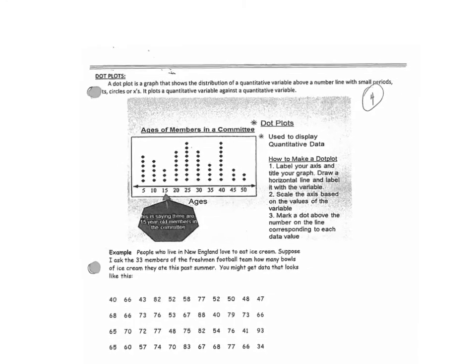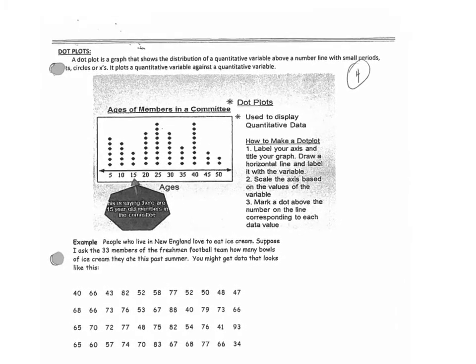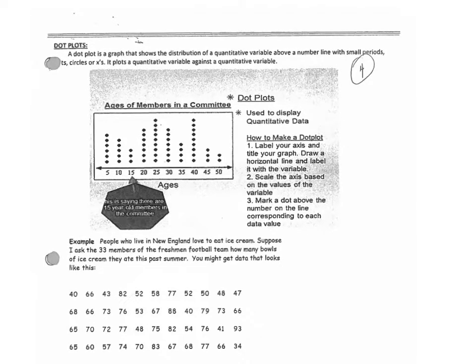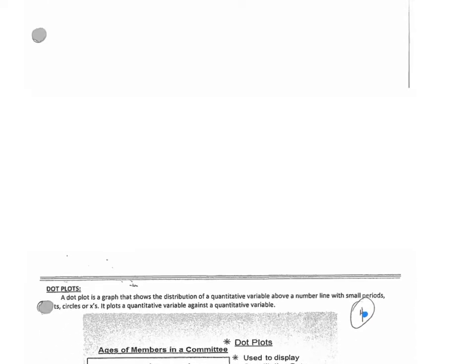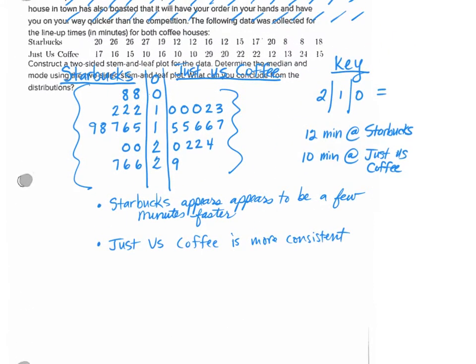So let's first, from this picture up here, talk about some benefits to using a dot plot instead of a stem and leaf plot. What do you think, by just putting dots in the bins, what's good about that? You can see how many more numbers there are, and if you turned it sideways, you can still see how many numbers there are in each. Faster to read.